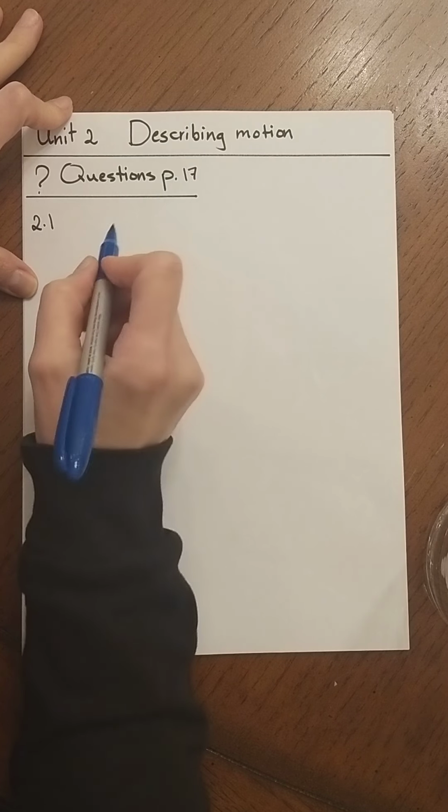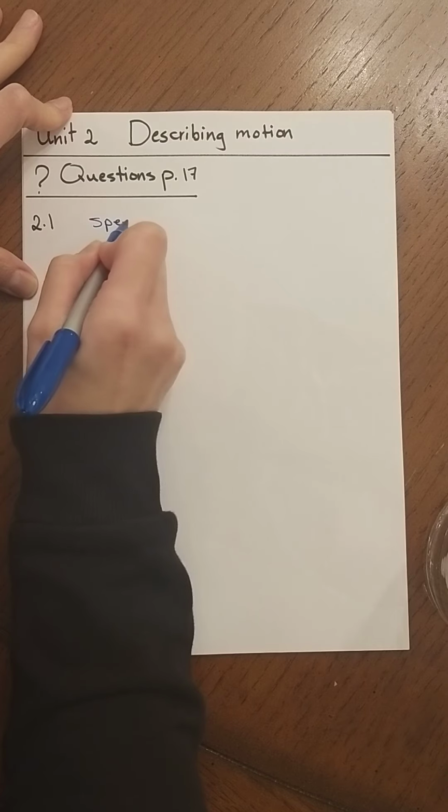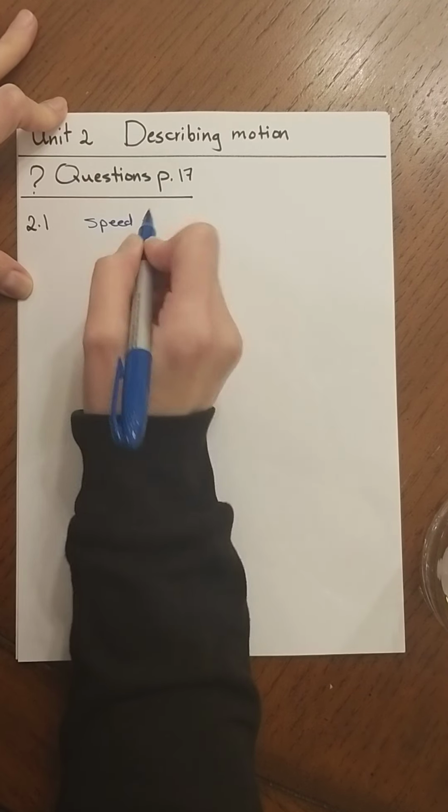So let's start with question 1. If you measure the distance traveled by a snail in inches and the time it took in minutes, what would be the units of its speed? So in this situation, we are measuring the distance. Let's look at the formula at first.